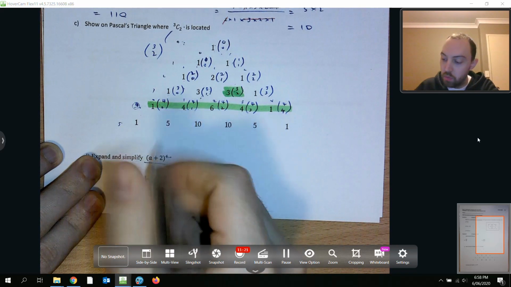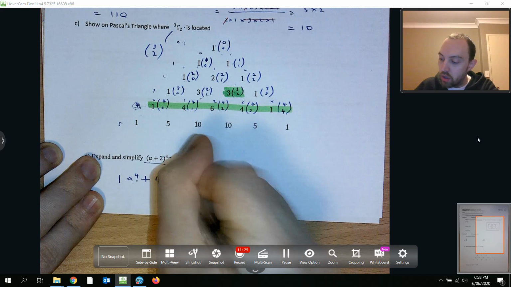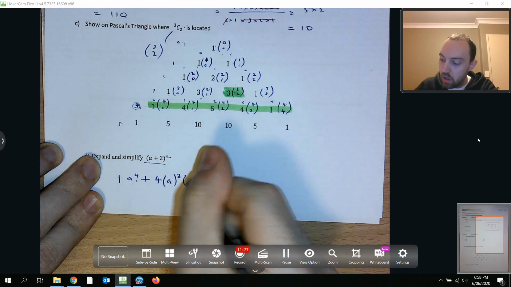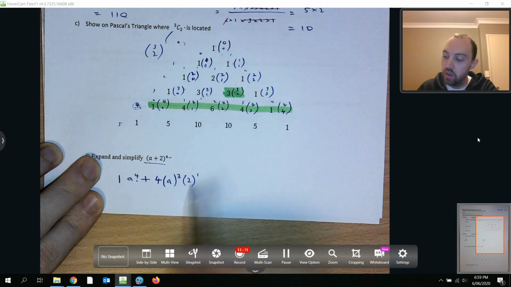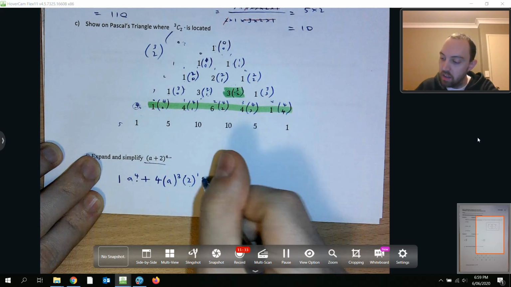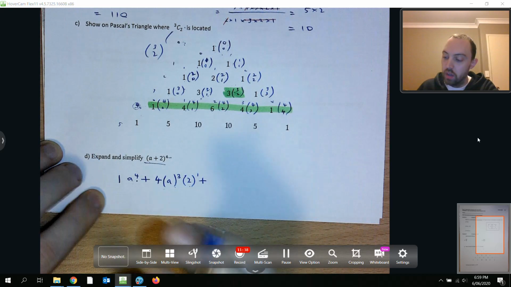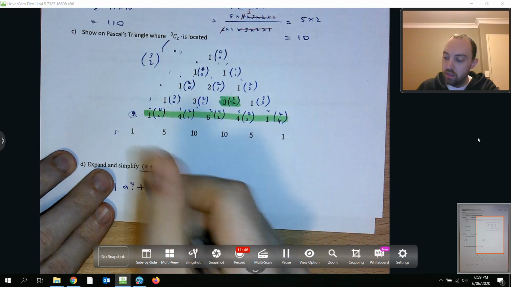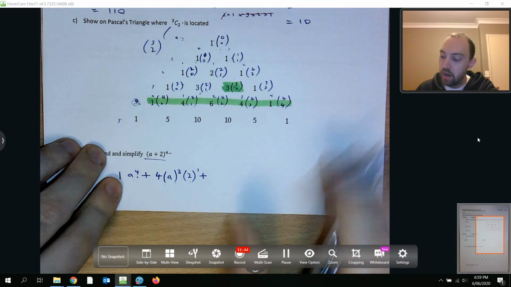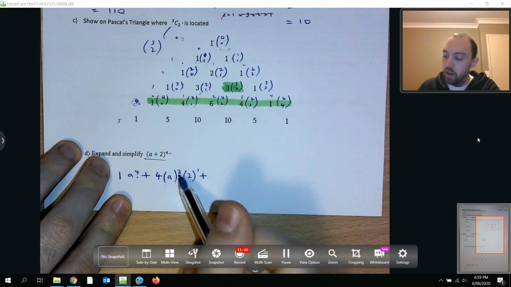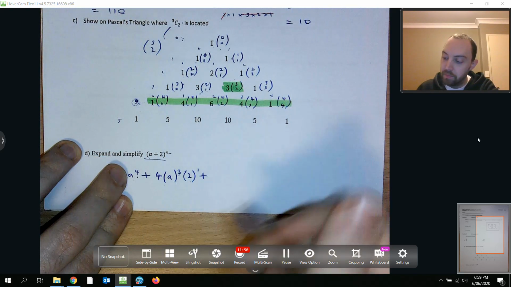My coefficient would be 4, a cubed, 2 to the power of 1. So now 2 is increasing in power as a is decreasing in power. And notice I'm using brackets to substitute in these terms. So in case it was 2a, I still put all of 2a in that bracket, because when the 3rd power is applied to it, it applies to both parts.